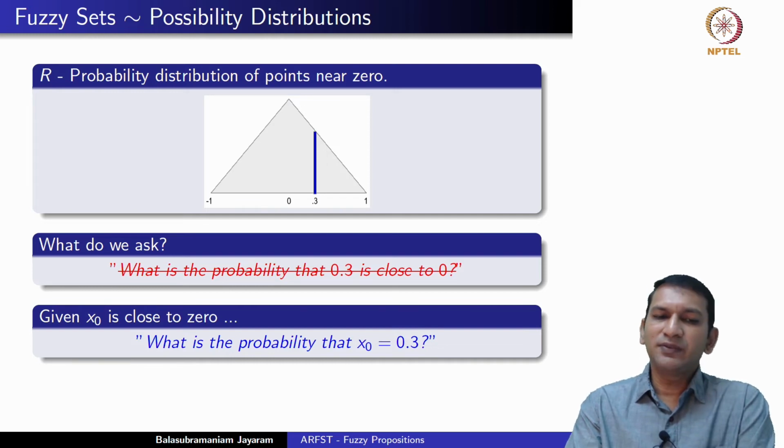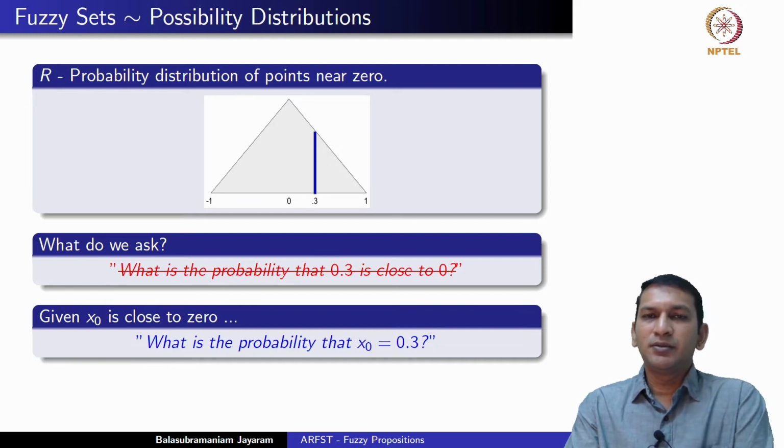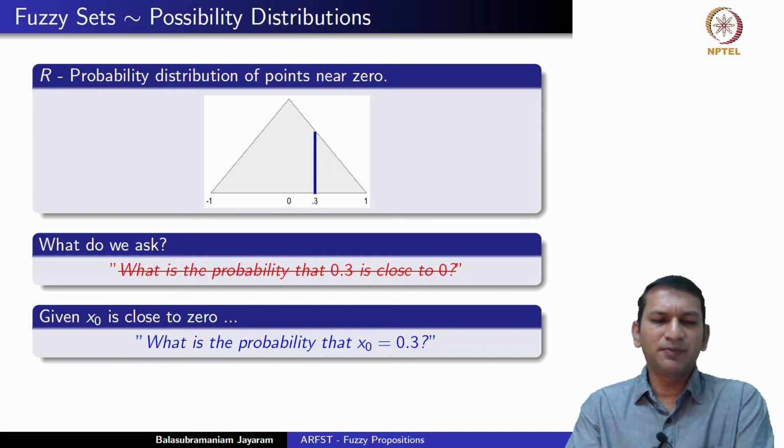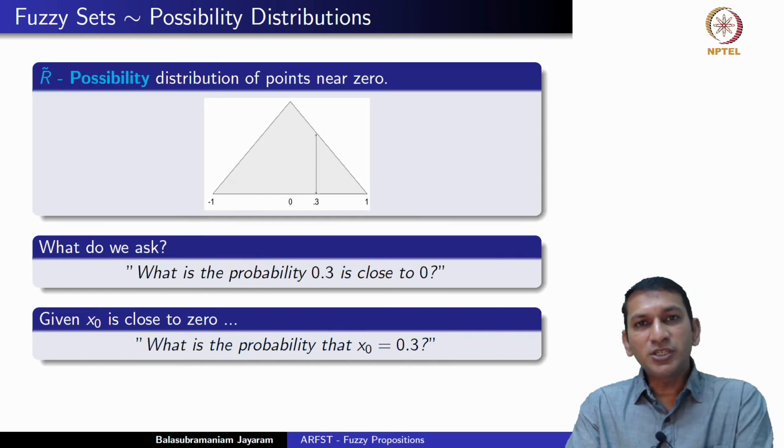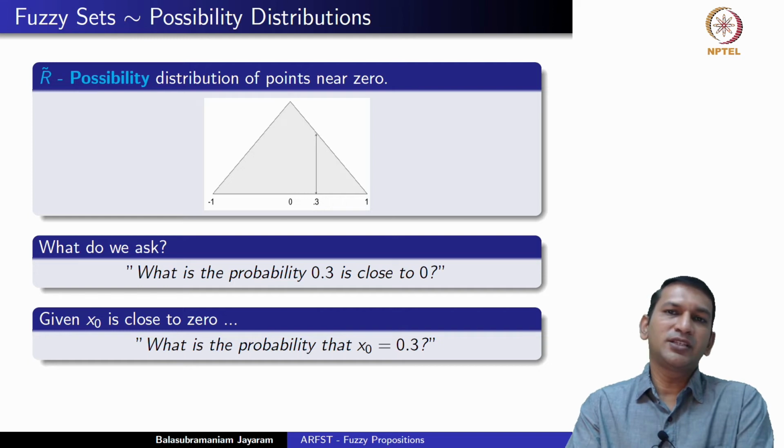So this is the question that we are asking when you are in the framework or the setting of probability. But now, instead of looking at this as a probability distribution, let's go back to looking at it as a fuzzy set. And now we will say we are looking at a possibility distribution of points near 0. What do we understand by this?